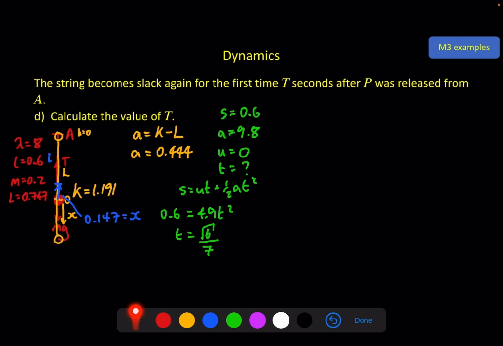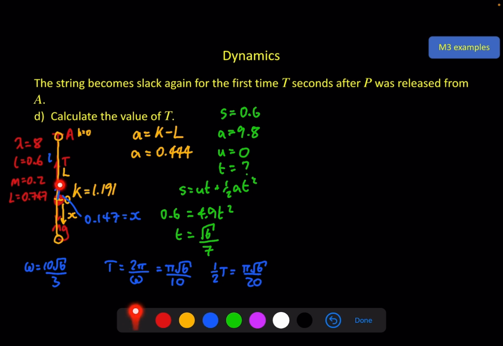So I could use capital T, the period is 2 pi over omega, where omega was 10 root 6 over 3. That gives me pi root 6 over 10. But for this motion, from here down to here and back, I only want half of that. So half of T is pi root 6 over 20.